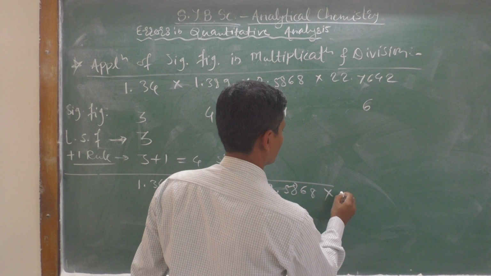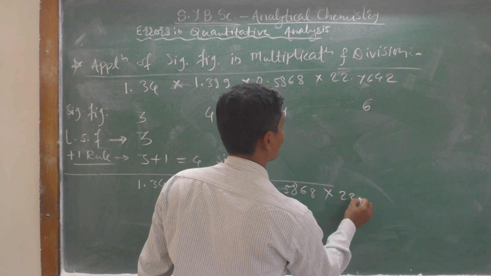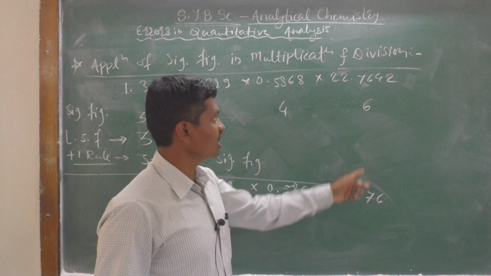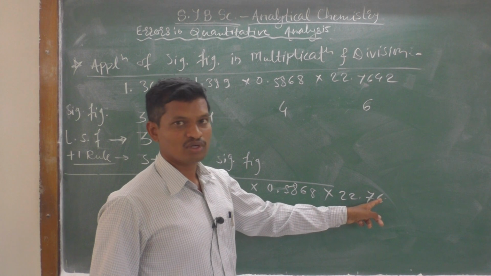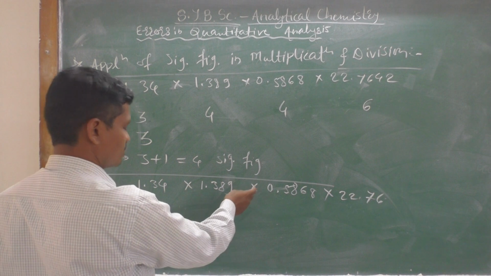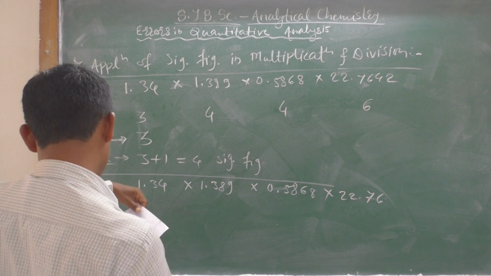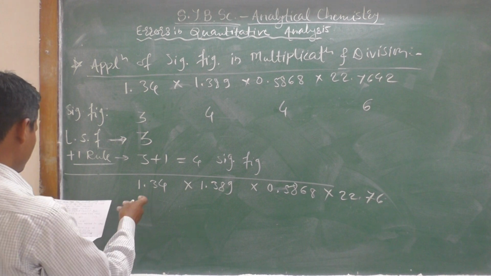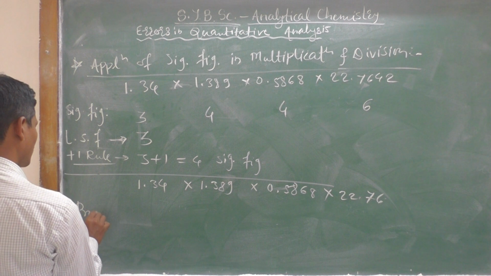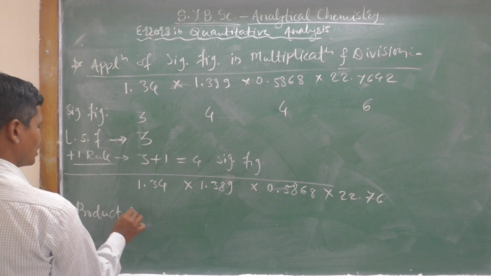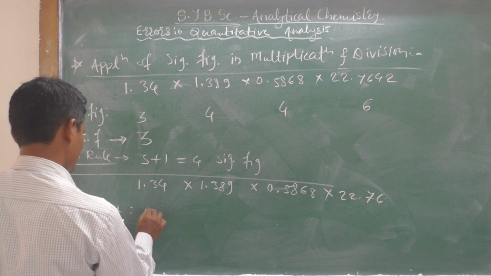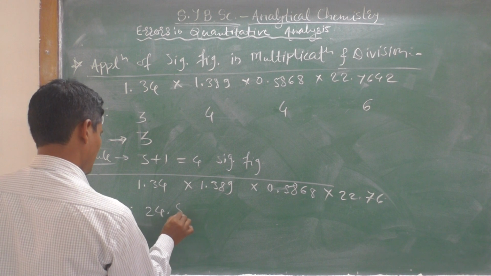Okay, so it may be reduced as 22.76, 1, 2, 3, 4. 4 significant figures are allowed in this number. Okay, so my numerical problem is changed to this, and the product of the multiplication of all these 4 numbers is 24.8581845.